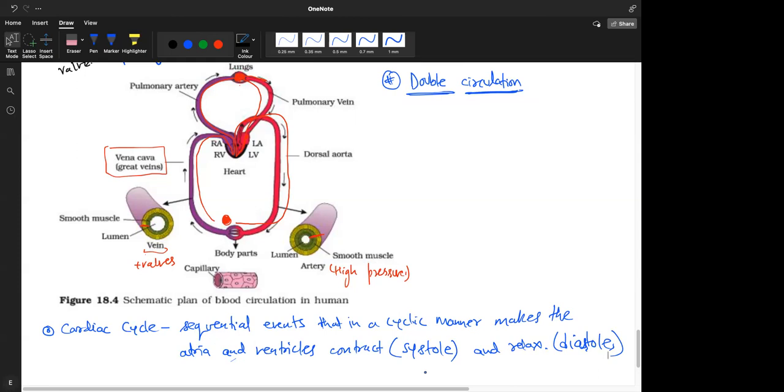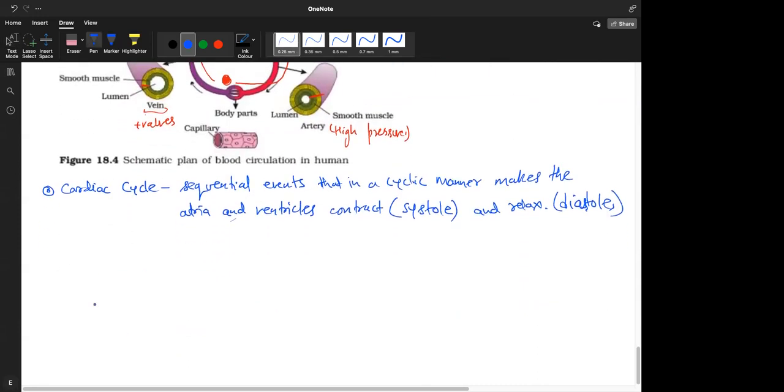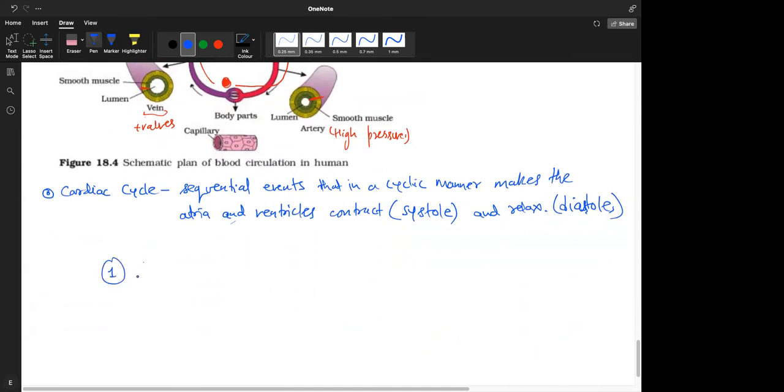So if I use the word atrial systole, what does it mean? What does the word systole mean? Atrial systole means that the atria have contracted, and they contract together, right? So first, atrial systole happens.